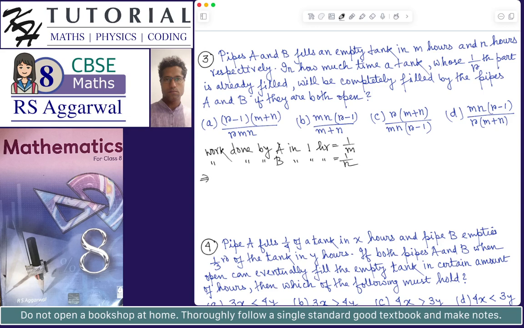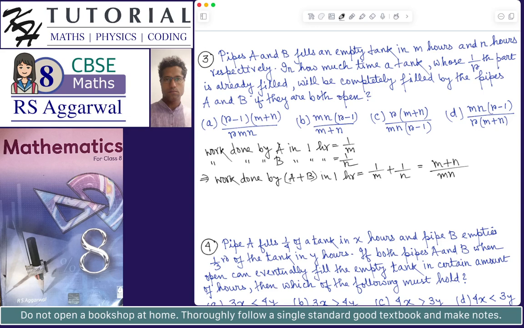So this will imply work done by A plus B, that is when both the pipes A and B are open or both are working, in 1 hour will be equal to 1 by m plus 1 by n, which is equal to m plus n divided by mn.